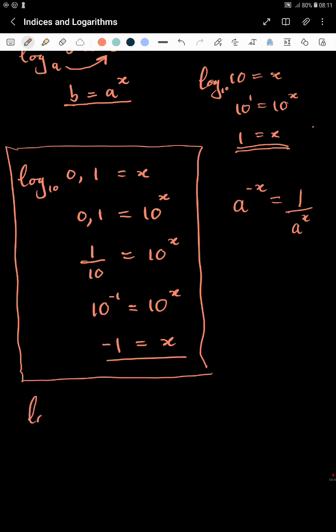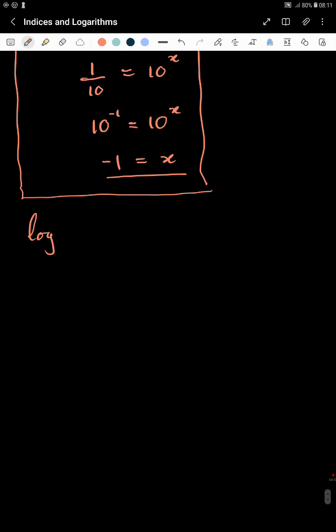So we move further to calculate how they got the other answers there. We're saying 0,01 is equal to 10 to the power x, and this is 1 over 100, which is equal to 10 to the power x.